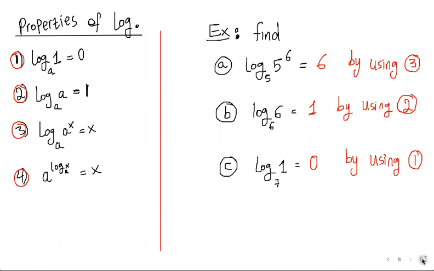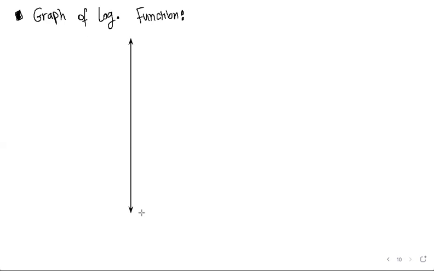Okay, let's now go to the graph of the logarithm function. As I know the graph of f of x equal a to the x, since the logarithm is the inverse function of the exponential function, and I know the graph of the exponential function from the first section of this chapter, and like I said before, to graph the inverse is by reflecting any function around the line y equal x.